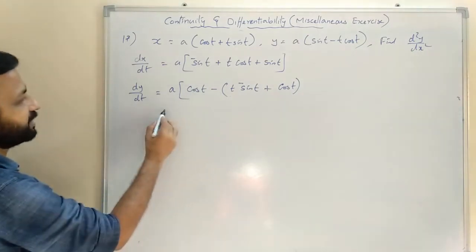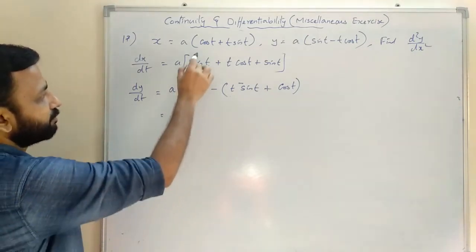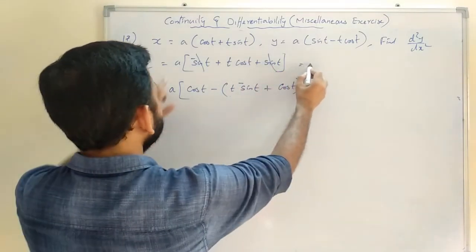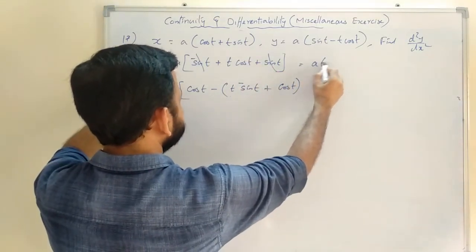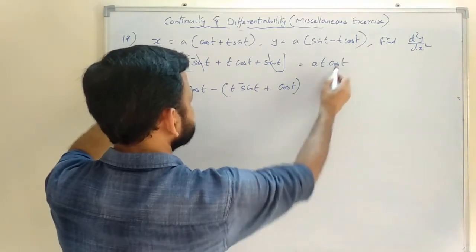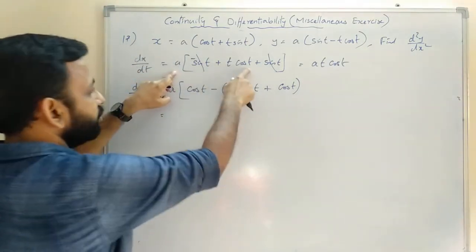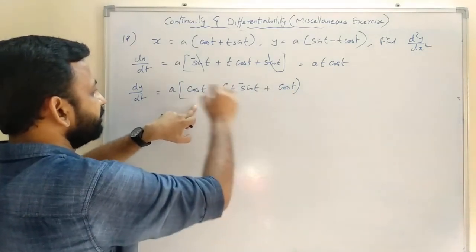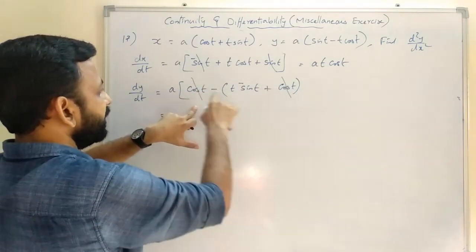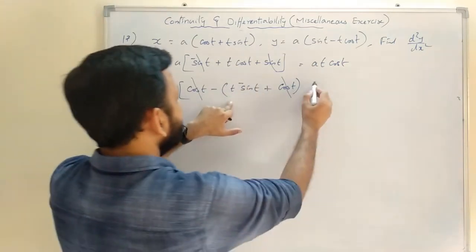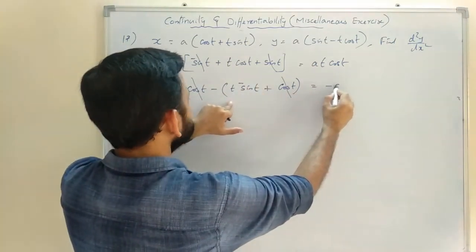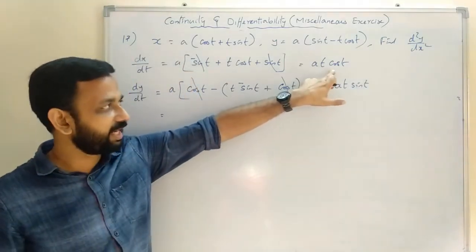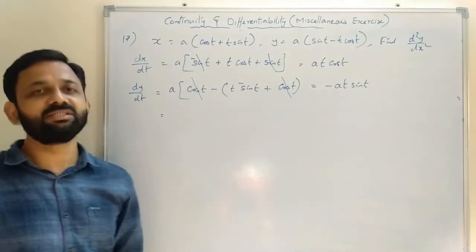So we can simplify this expression. Here minus sin t and plus sin t cancel. So we will get a t cos t, a into t into cos t. And here when we open the bracket, cos t and minus cos t will be cancelled. And here we will get minus a t sin t. So here it is a t cos t and here minus a t sin t.